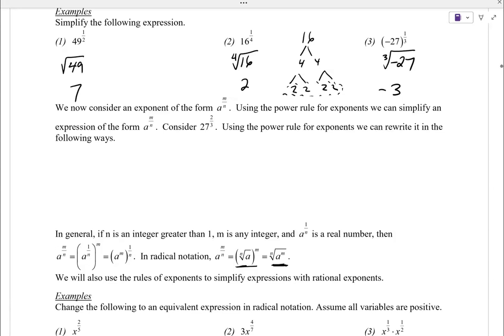Okay. The top tells you what power to take. The bottom tells you what root to take. Now, what I would suggest doing personally is do the root and then the power. Only because if you're actually doing a computation, I would do the root first and then the power, because it gets it smaller.